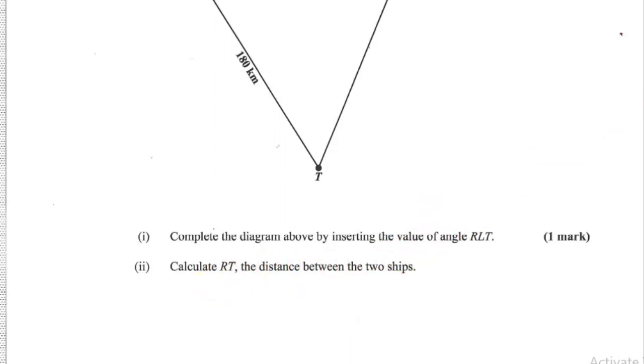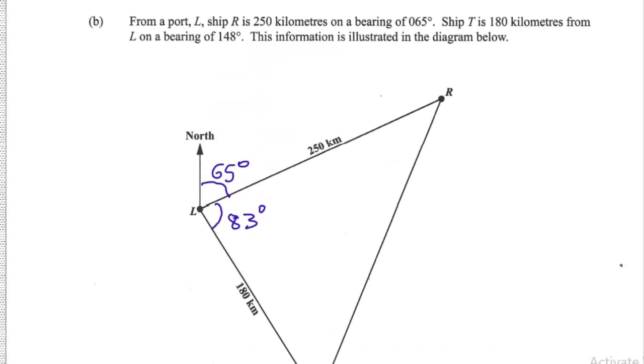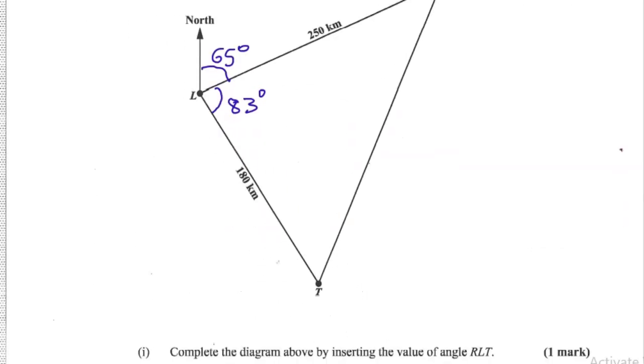I guess we can use the cosine rule to get the distance RT. Let's apply the cosine rule.